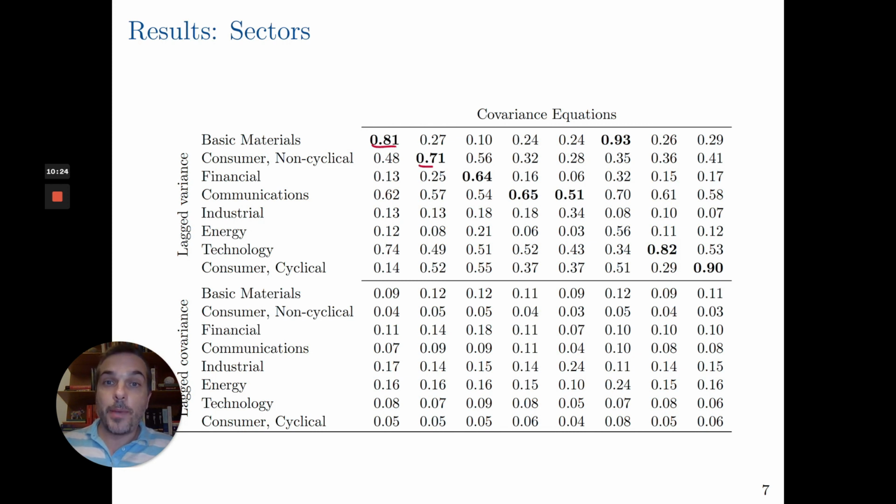See? Especially if they are in the same sector. There are some surprising things here, like basic materials affecting energy in terms of covariances. And even more surprisingly, of course this is not a matrix of zeros, but the numbers are pretty small.